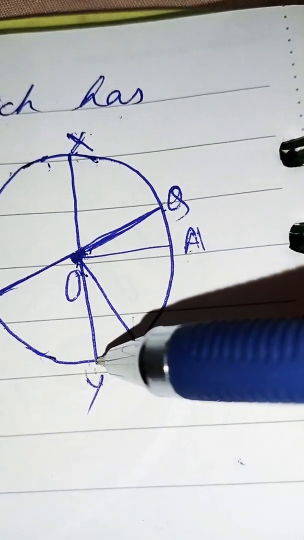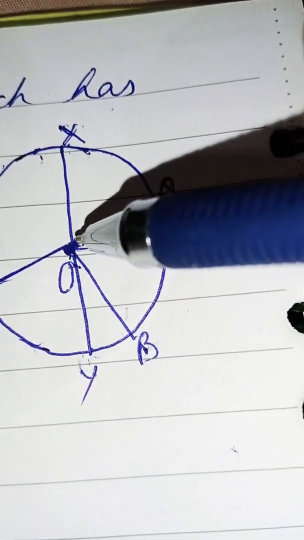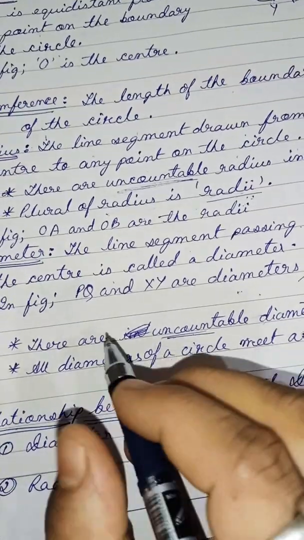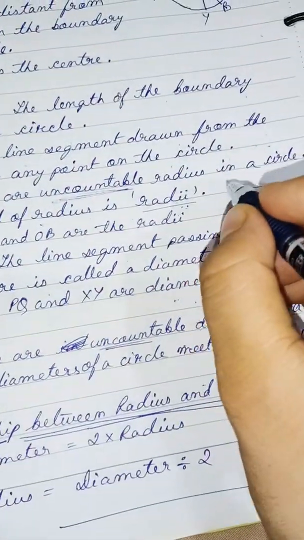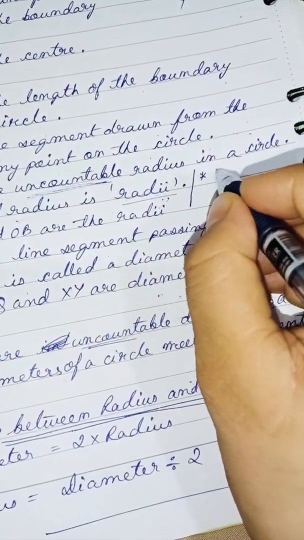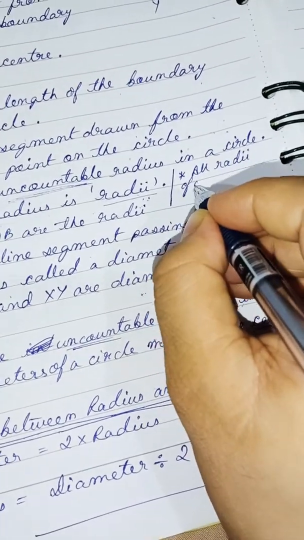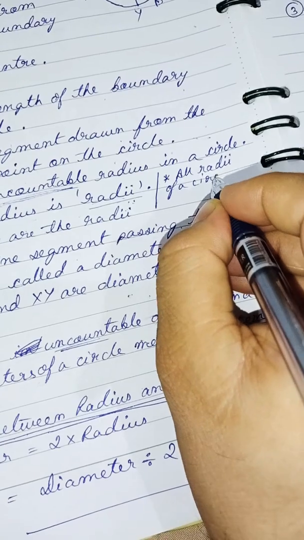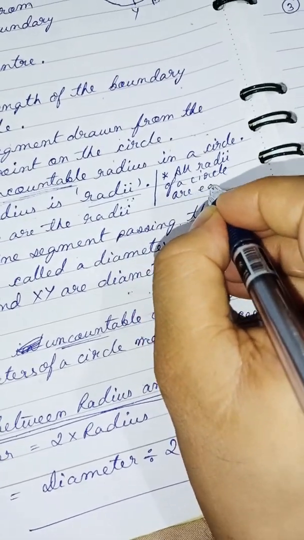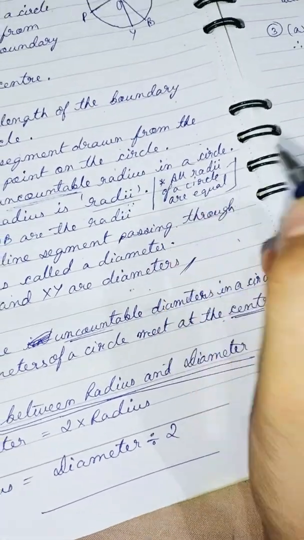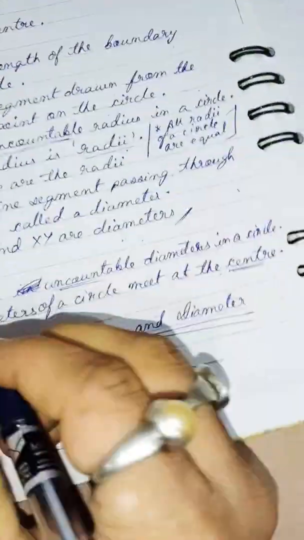Similarly, O to Y is also a radius. One more point I did not say: all radii of a circle are equal. So in one particular circle, all radii are equal.